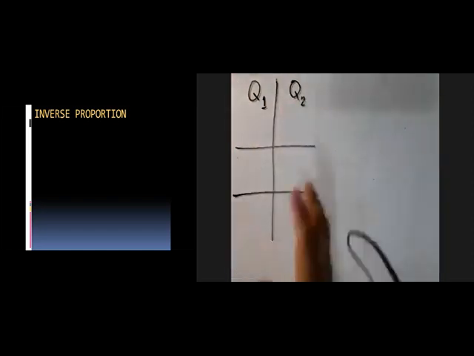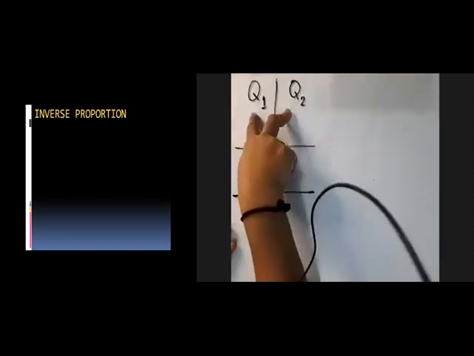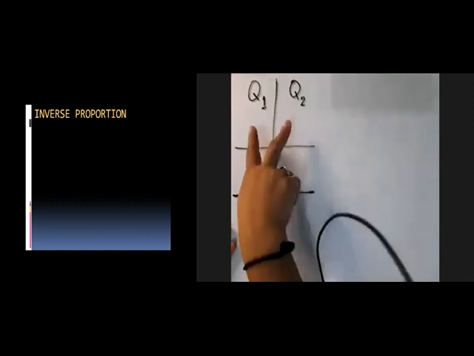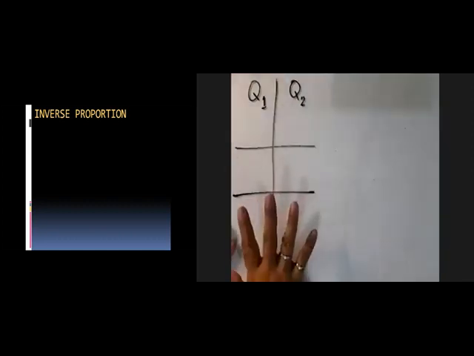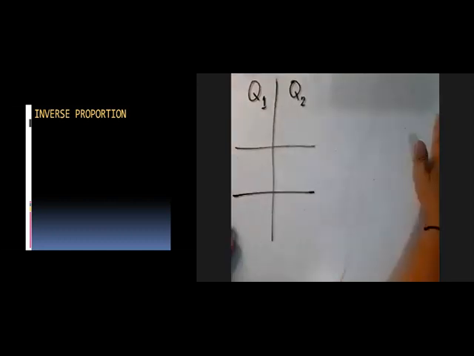Okay? So hindi tayo masyadong stricto sa table. So malaki ang ginhawa ng table na to kasi it will help you sort out the quantities involved, and I will show you how to use this table in coming up with your proportion equation. Let's have the first problem.